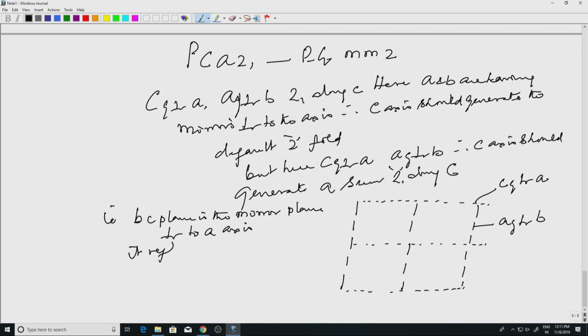It reflects and the translation is along the C axis.